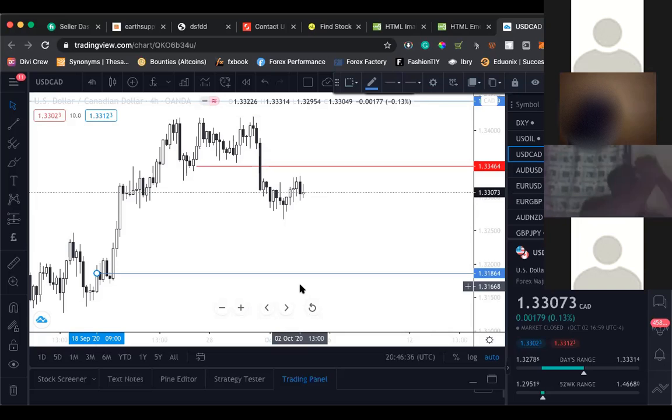Or if it goes in a direction they are not expecting, they will manually close the trade and accept the loss as well, without setting stop losses and TP. Okay, thank you.